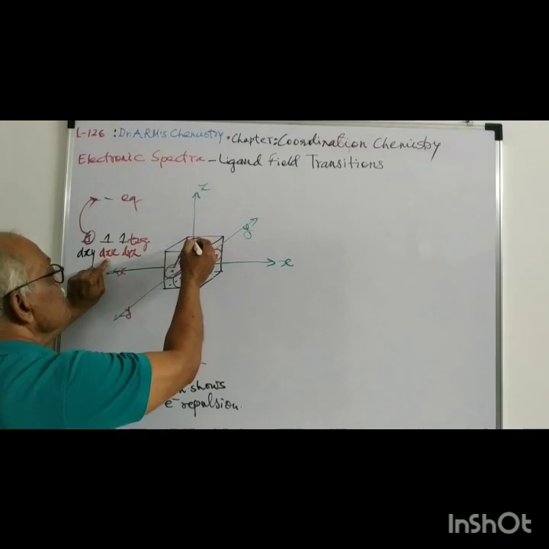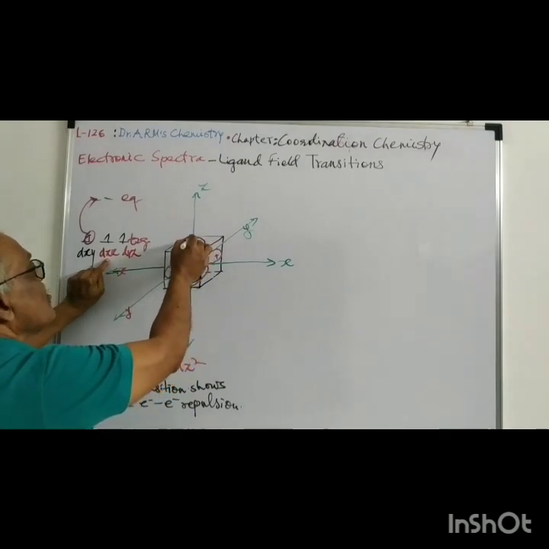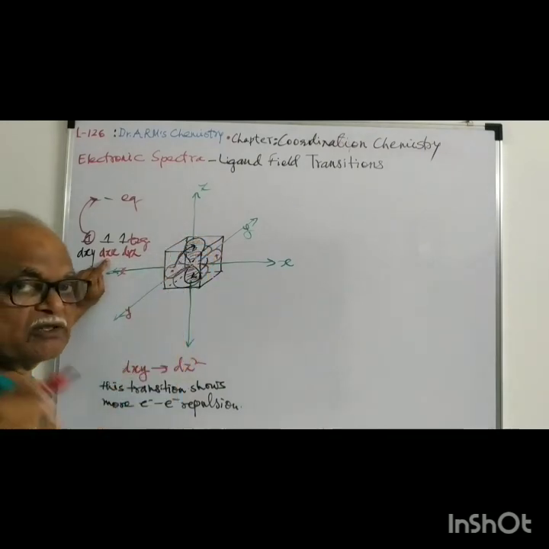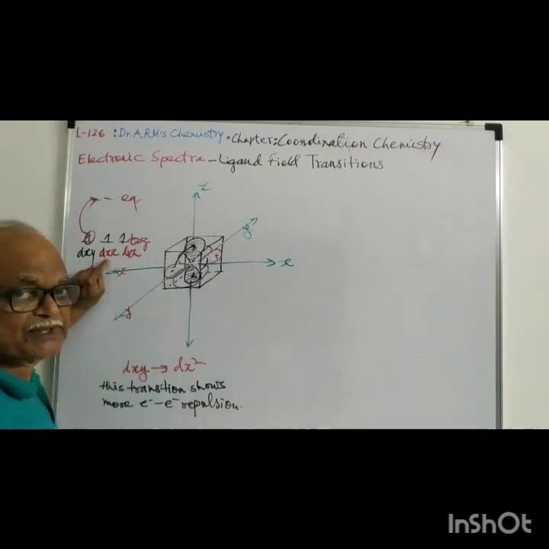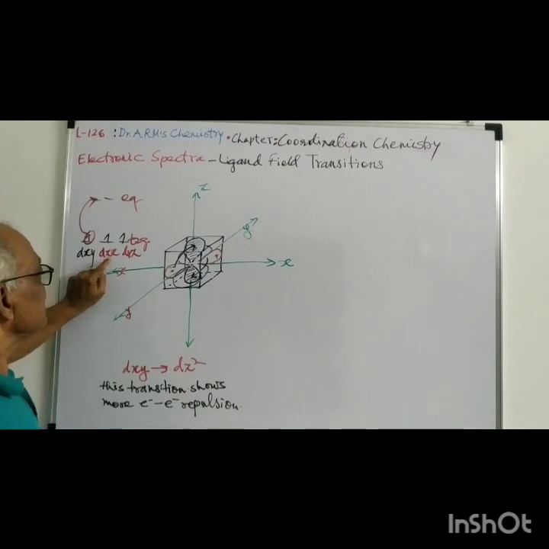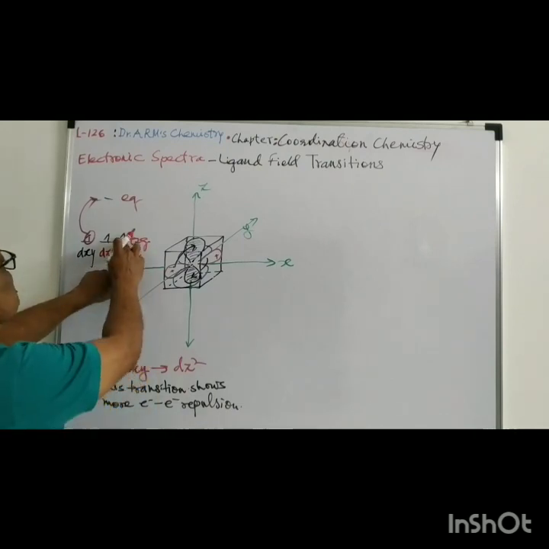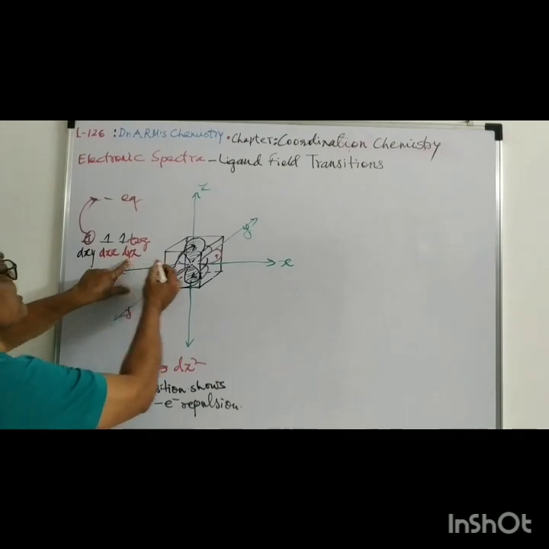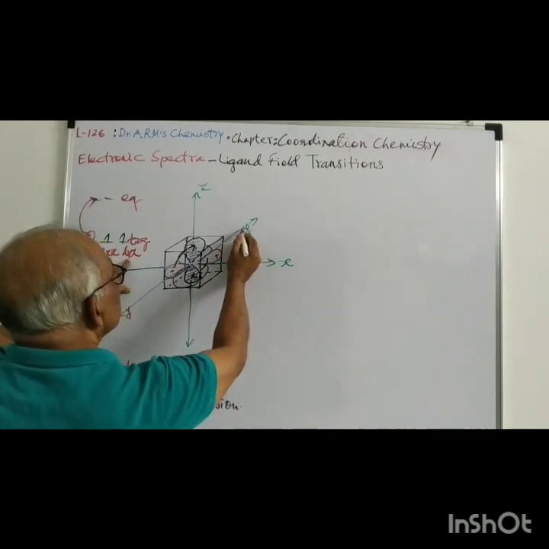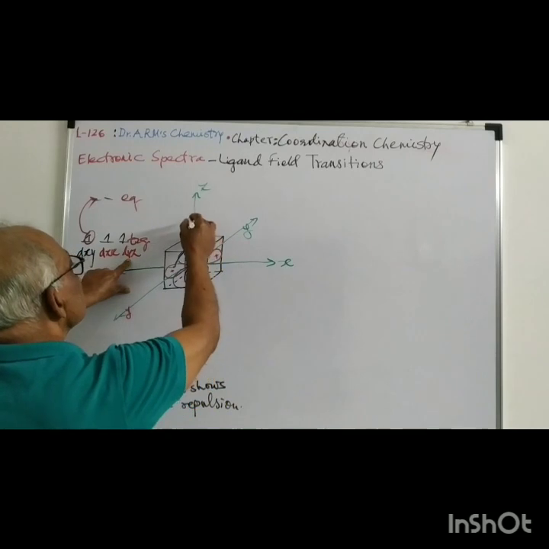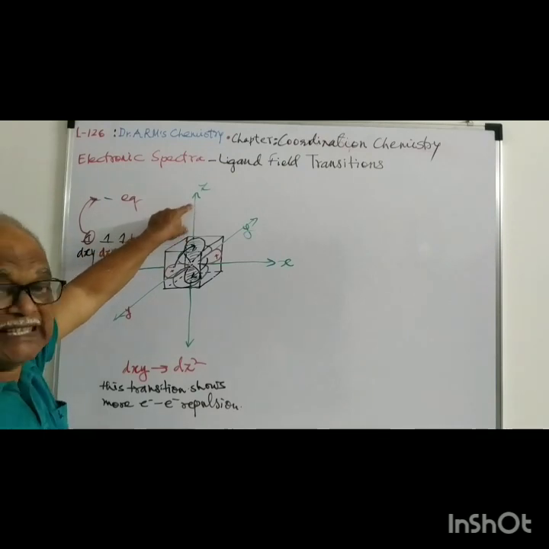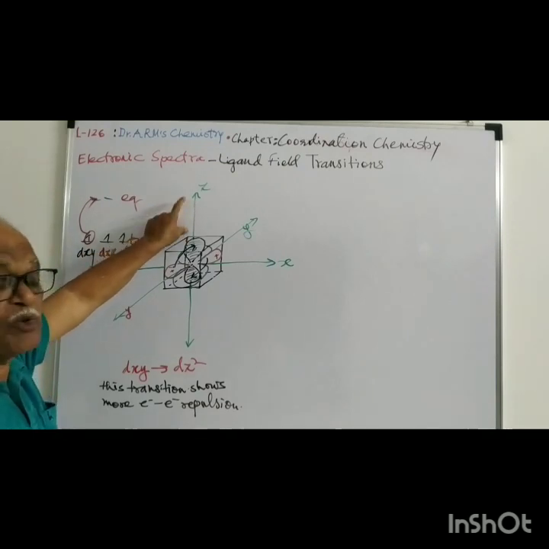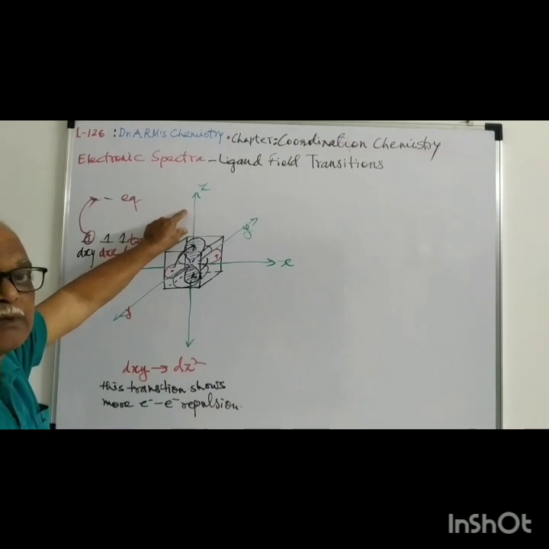So the electron density is more close to this z axis or around the z axis. Similarly, there is also one electron, and that dyz orbital is having lobes between y and z axis. So the electron density is more because of the two electrons near the dz2 orbital, that is in the direction of z axis.